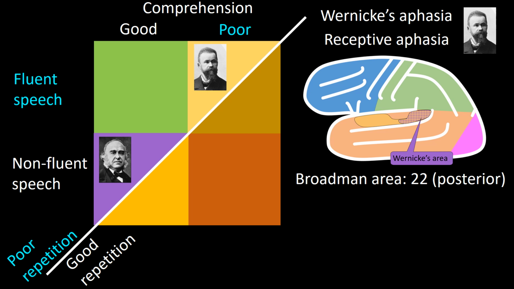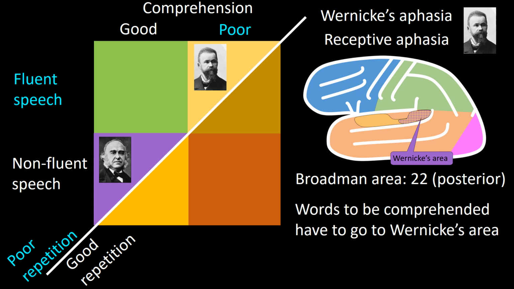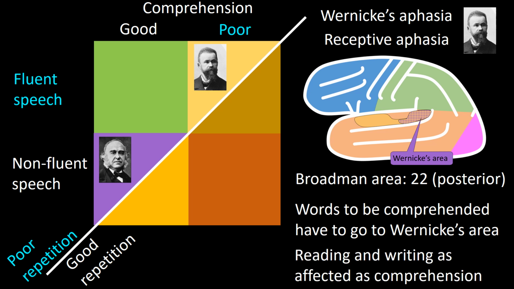It is due to involvement of Wernicke's area, which corresponds to the posterior part of Brodmann's area 22. It is important to remember that words spoken, read, or written, in order to be comprehended or repeated, must go through Wernicke's area. Hence, in Wernicke's aphasia, reading and writing are also affected.